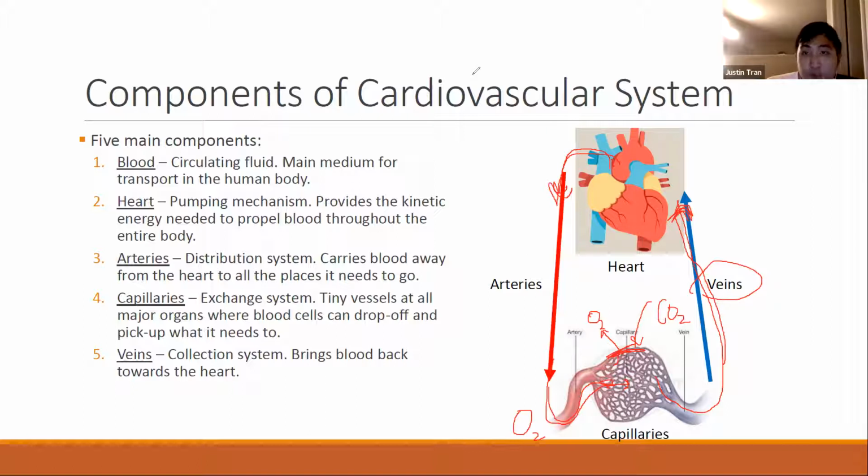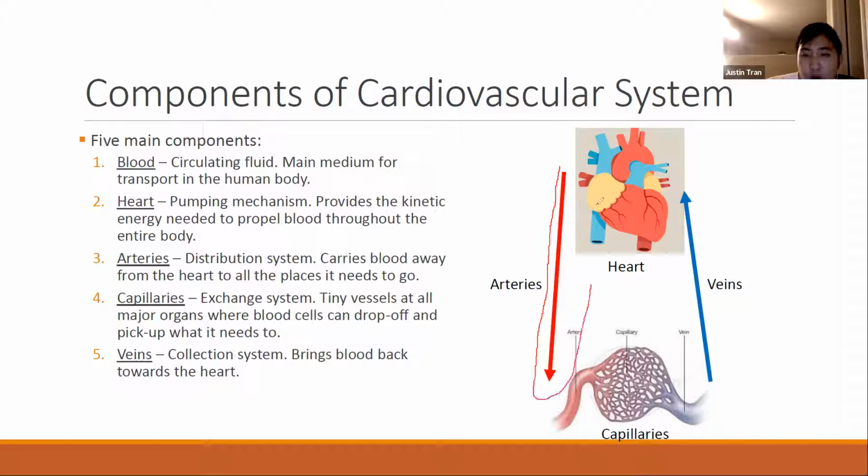Sometimes what you'll see, and I've used the same color coding here as well, is arteries highlighted with a red color, and veins often colored with blue. These colors usually represent the degree of oxygen saturation. Whenever you see blood that's a really bright red, usually it means it's filled with O2, and we say that blood that's bright red like this is oxygenated.